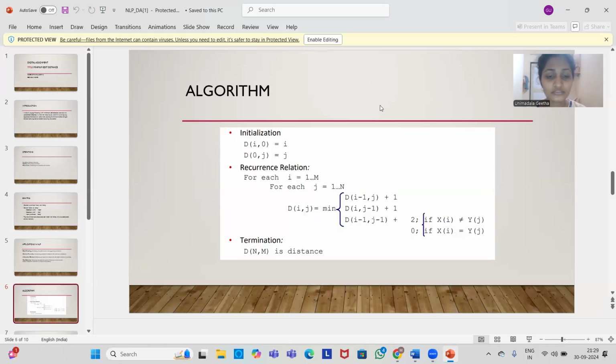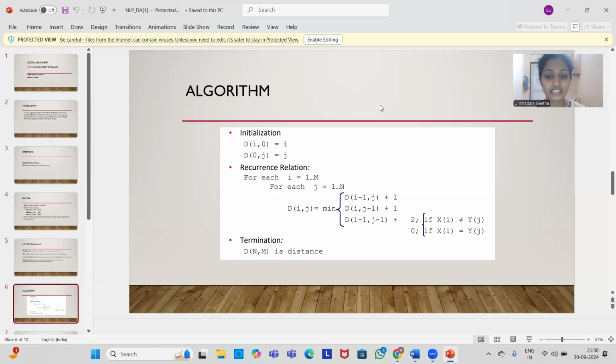Algorithm. The algorithm used in minimum edit distance has initialization, recurrence relation, and termination. In initialization, we use D(i, 0) = i and D(0, j) = j.